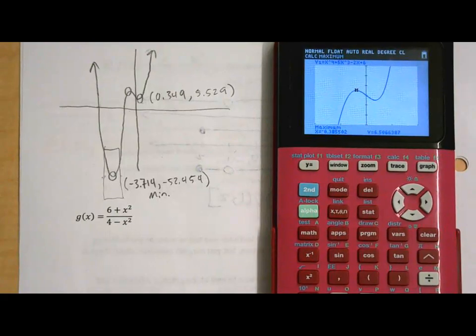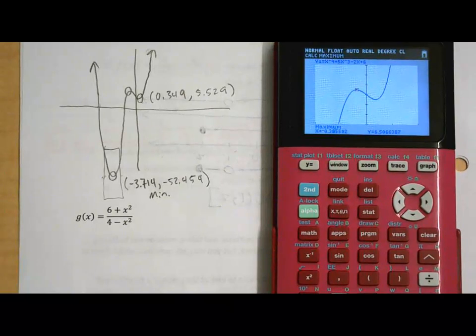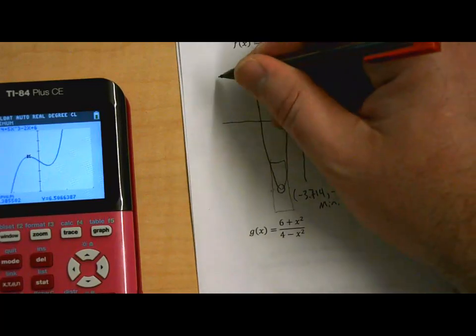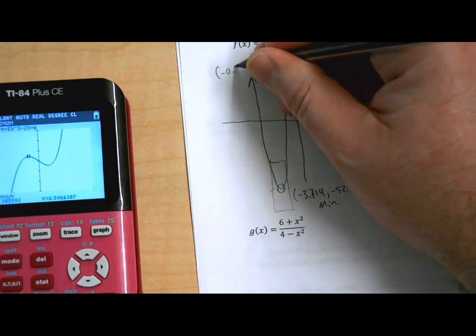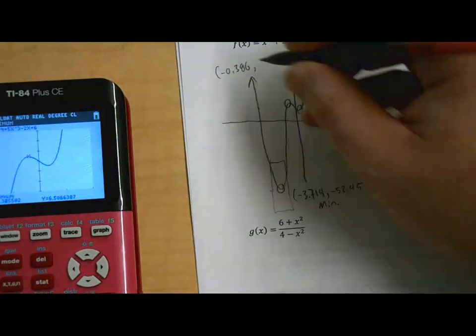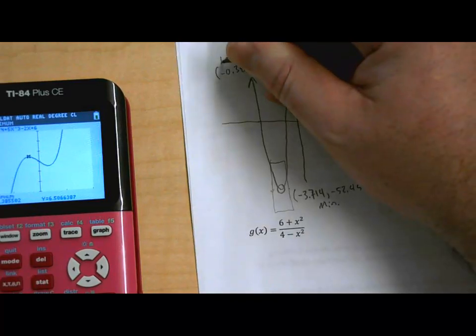Now, by the way, I didn't need to zoom in this close in order to do the max and the min. I would have gotten the exact same values. It just makes it a little bit easier to see. So this max is happening at about negative 0.386, comma 6.507. That's a max.